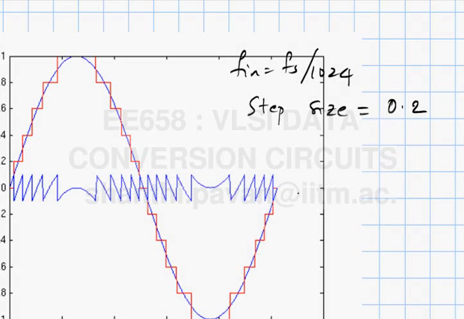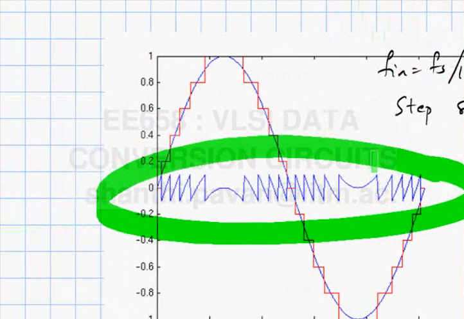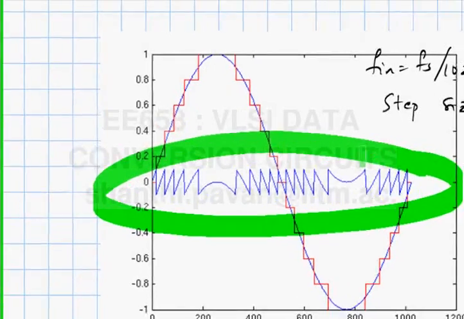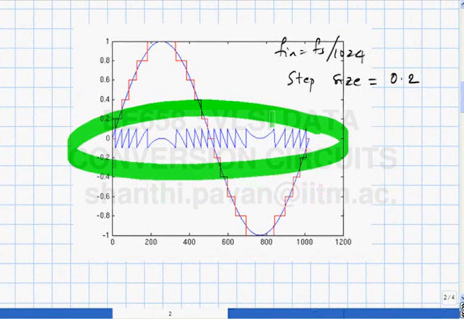So what would you expect the Fourier series to look like? Definitely the peaks at which the harmonics occur should be lower. Why? Because the step size is more, so to hit the next level takes a longer time, and this waveform therefore is a lower frequency waveform.